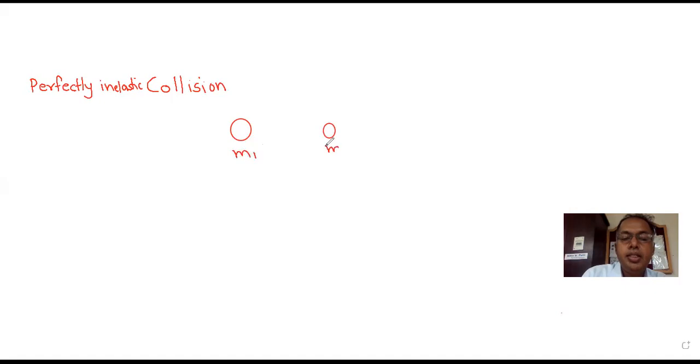Okay, and let us say that this body moves with certain velocity u1 and ही body हिची velocity u2 आहे. Okay, तर perfectly inelastic collision म्हणजे काय, तर after collision ह्या ज्या दोन bodies आहेत they go together, म्हणजे ते चिकटतात एकमेकांना, so they stick together.